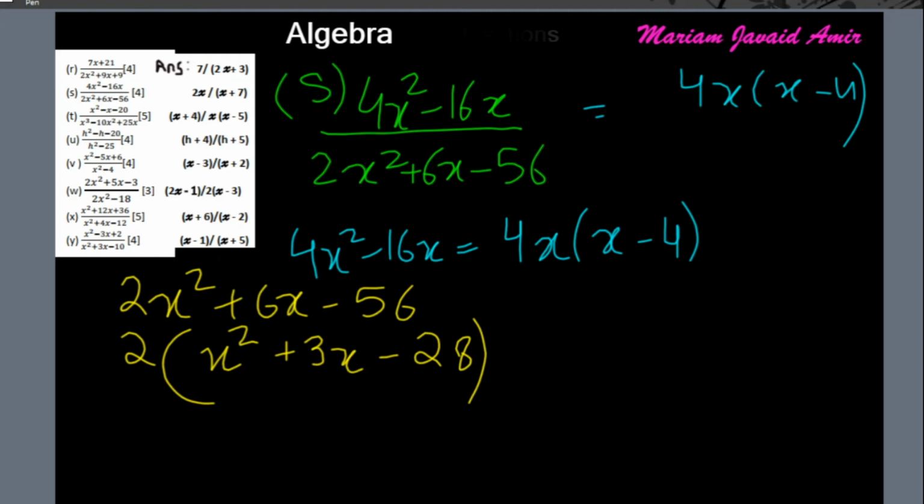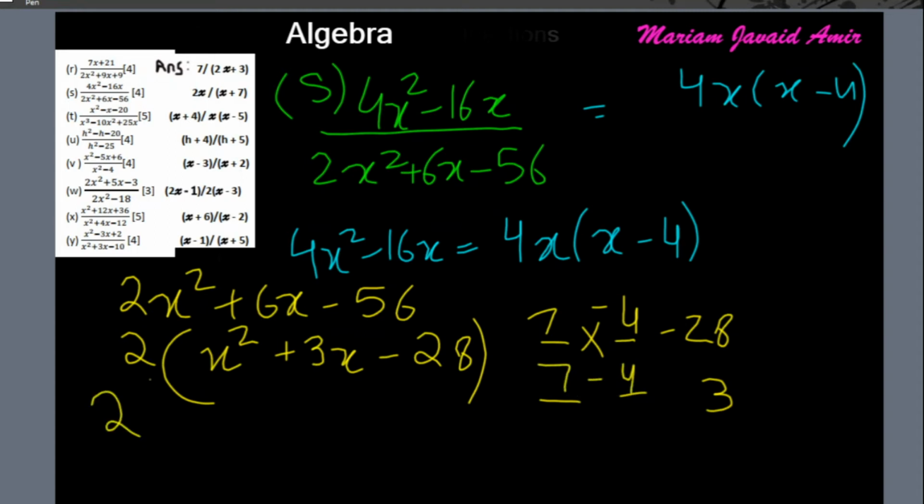So I am looking for 2 numbers which when multiplied should give me minus 28 and which when added should give me 3. So 7 times minus 4 gives us minus 28 and 7 minus 4 gives us 3. So 2 times x square plus, break the middle term into 7x minus 4x minus 28.